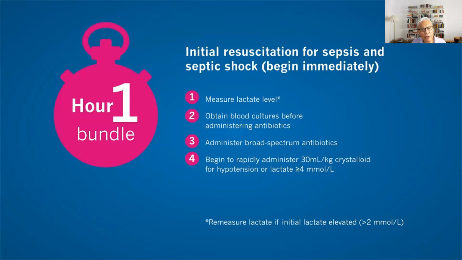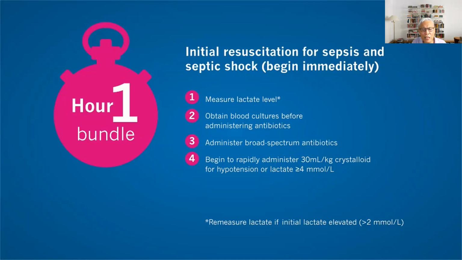Now, naturally occurring lactate is normally cleared by the liver and the kidneys, and the blood lactate concentration in individuals is going to be less than 1 to 1.5 millimoles per liter. So we usually are able to clear that.